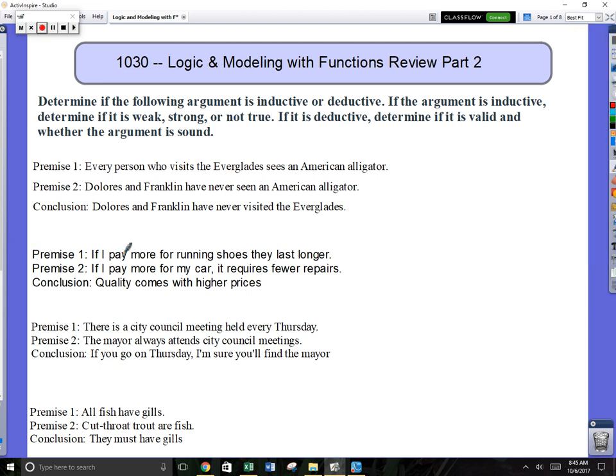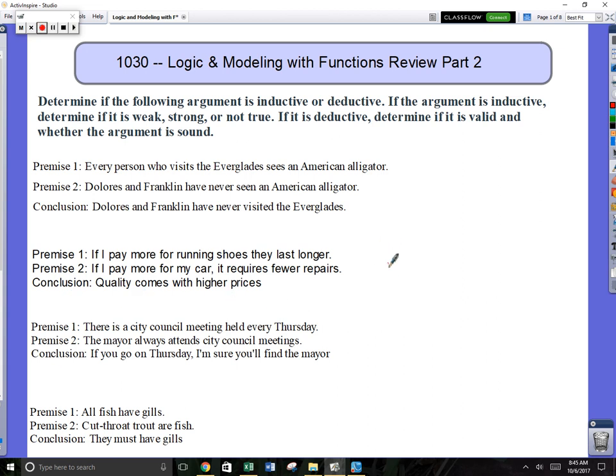Premise number 1. If I pay more for running shoes, they last longer. Premise number 2. If I pay more for my car, it requires fewer repairs. So the conclusion, quality comes with higher prices.